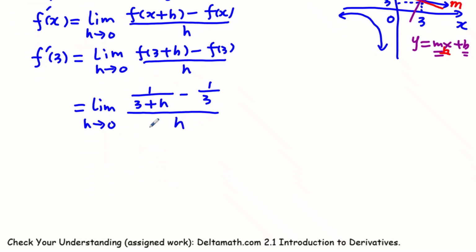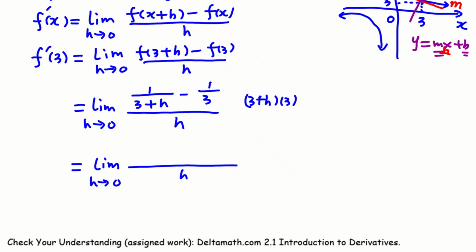So for the fraction subtraction, we are going to need to find the common denominator, so it will be cross times. The common denominator will be 3 plus h, then times 3.